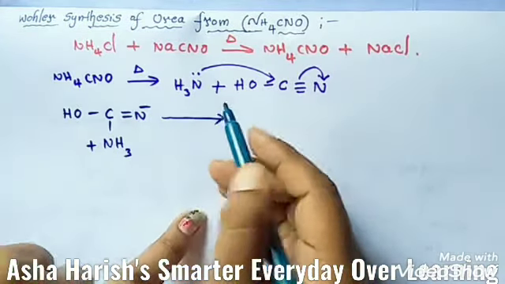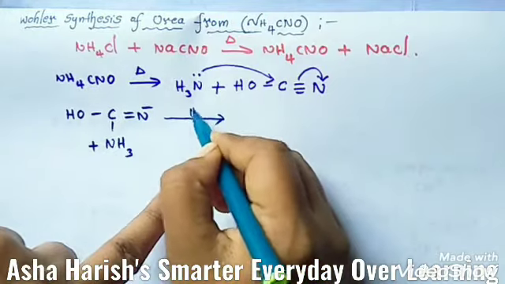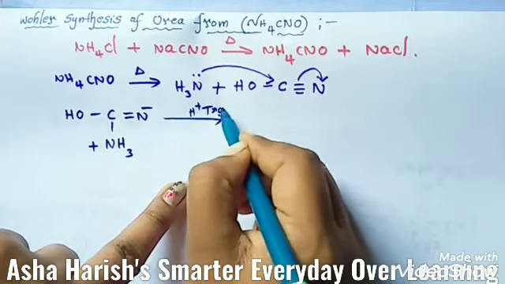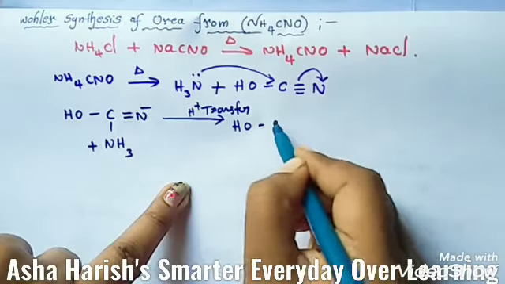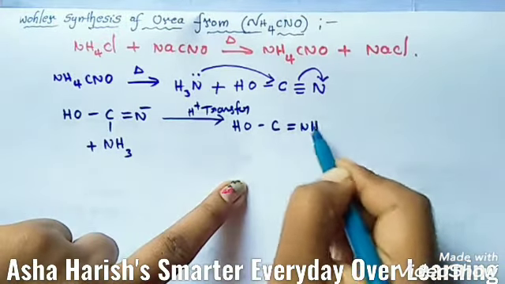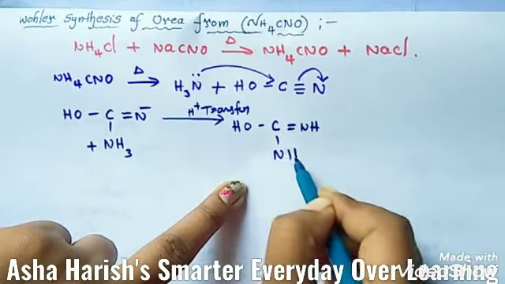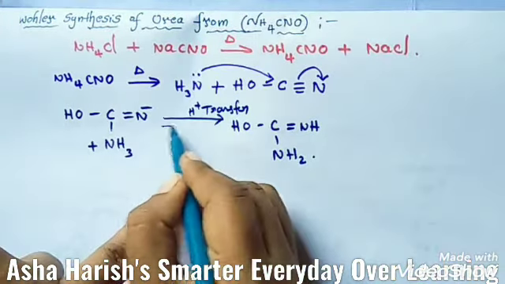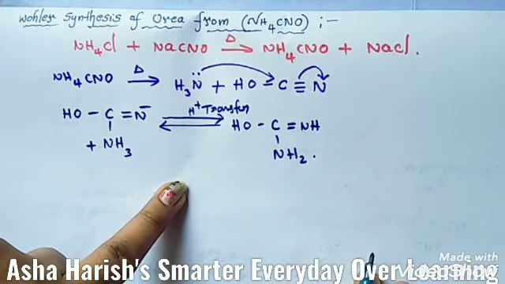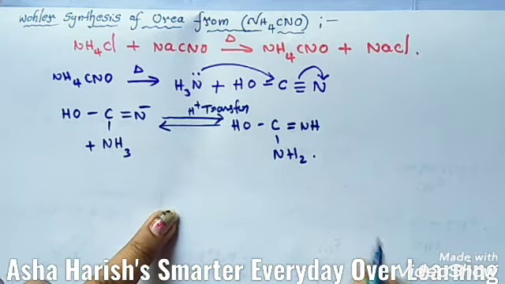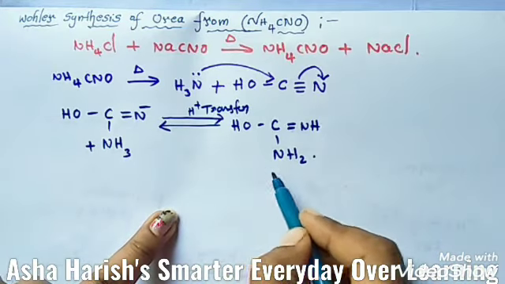So here is the proton transfer. Proton transfer takes place. Now HOC NH NH2. Now students, from this the tautomerization could be done here.